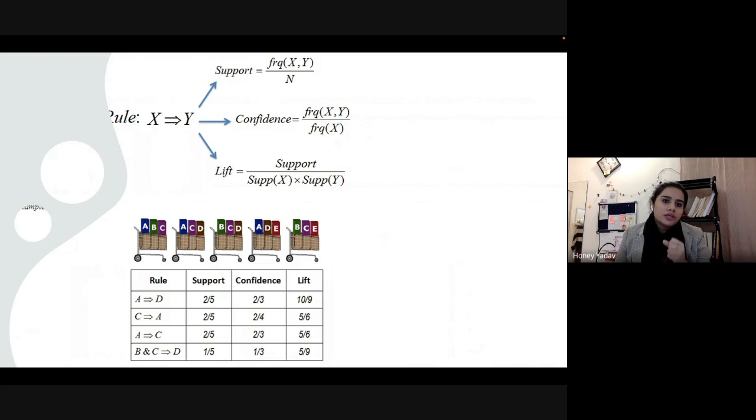Why? Because it lies on the very basic concept of probability, where we calculate three aspects of a transaction. What we are saying here is that if X and Y are bought together, the probability of, let's say, A getting into that transaction is very high.